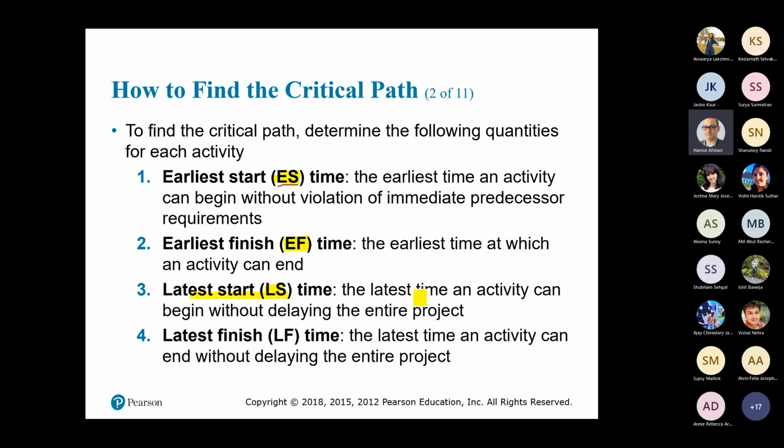The latest time an activity can begin without delaying the entire project. So the latest time that an activity can begin without impacting the entire project. And the latest finish, LF, is the latest time an activity can end without delaying the entire project.